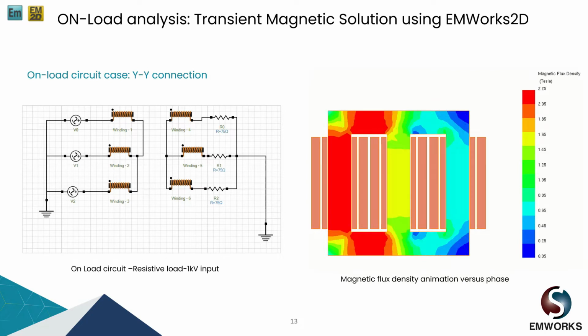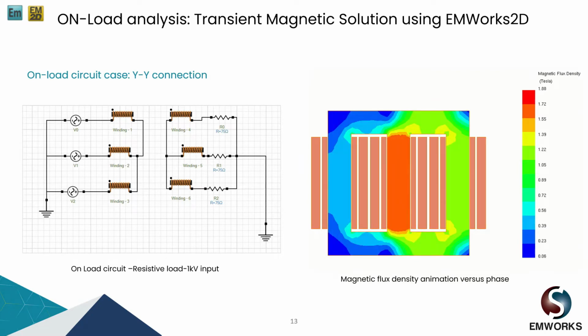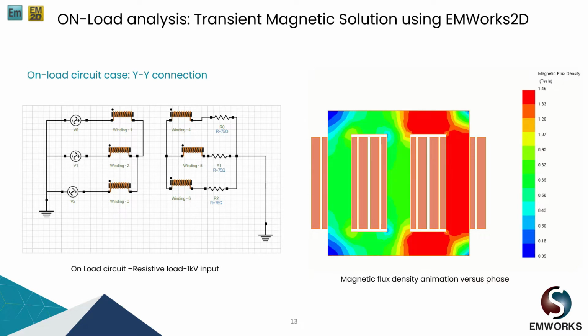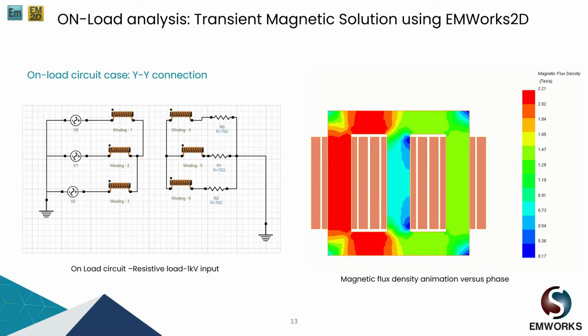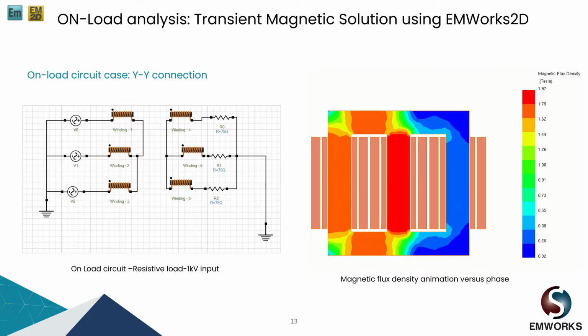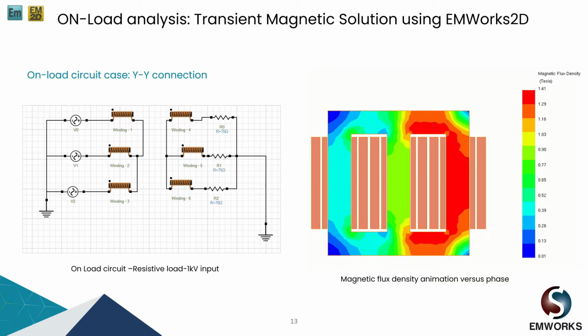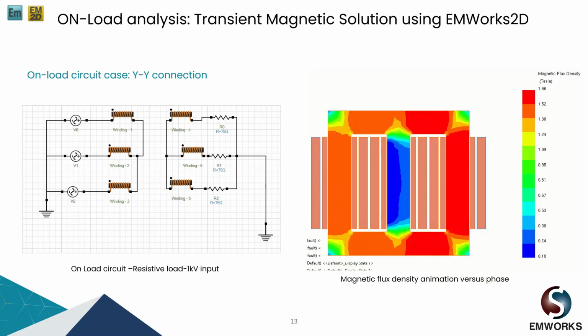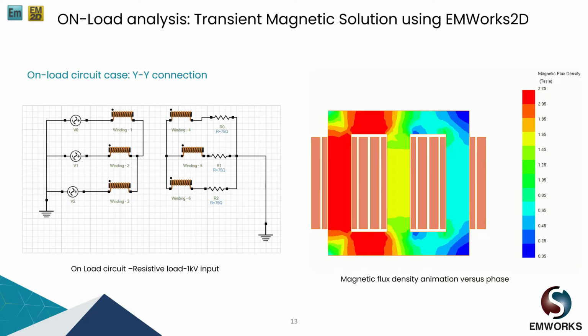A loaded circuit is used here. We connected the secondary side of the transformer to a resistive load, and we used 1 kilowatt as input voltage. Then we run the simulation and get magnetic fluxes and so on.